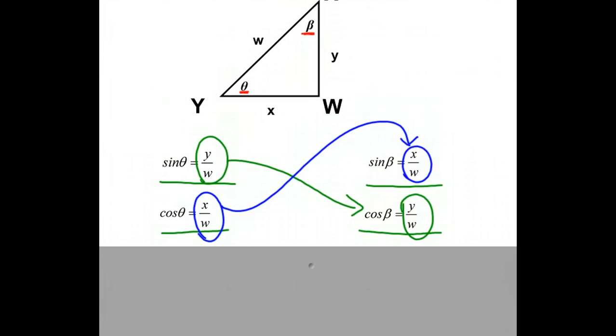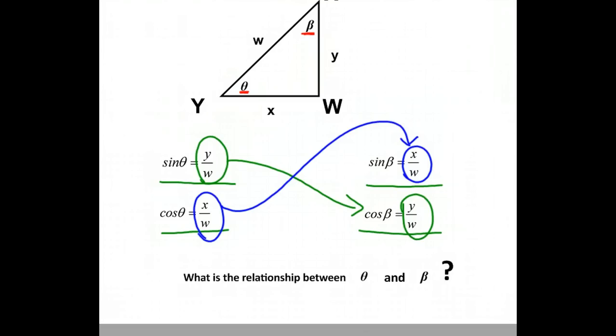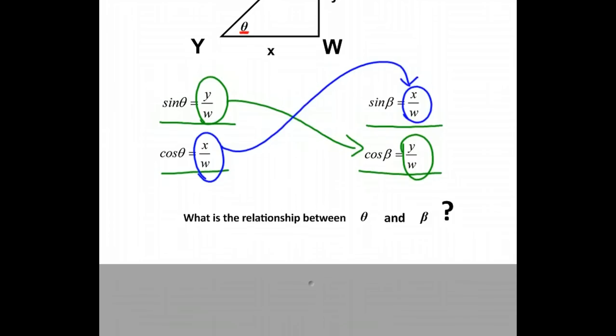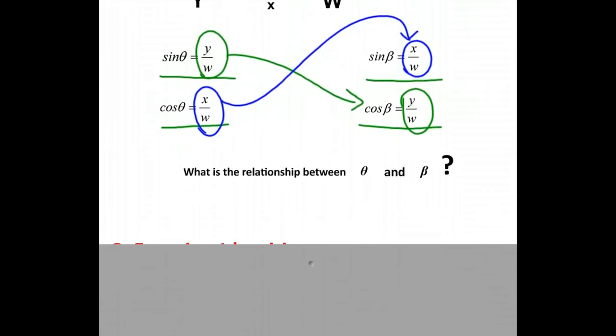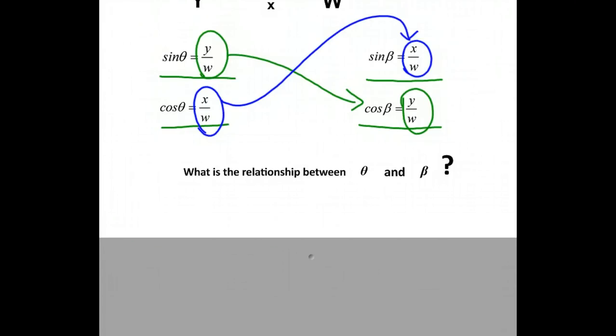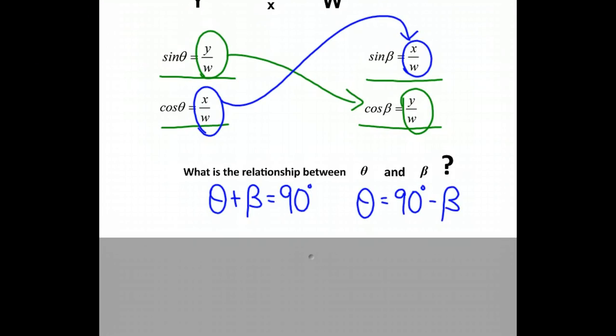So the question you should be having is, what's the relationship between theta and beta? And since we're in a right triangle, what you should remember or recognize is that theta plus beta will have to equal 90 degrees. Or sometimes, if we solve it for theta, you'll hear theta is equal to 90 degrees minus beta.